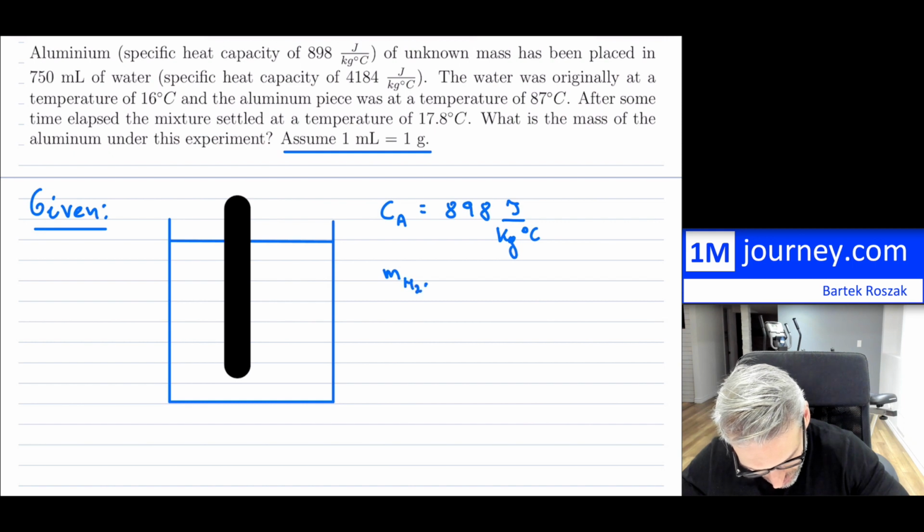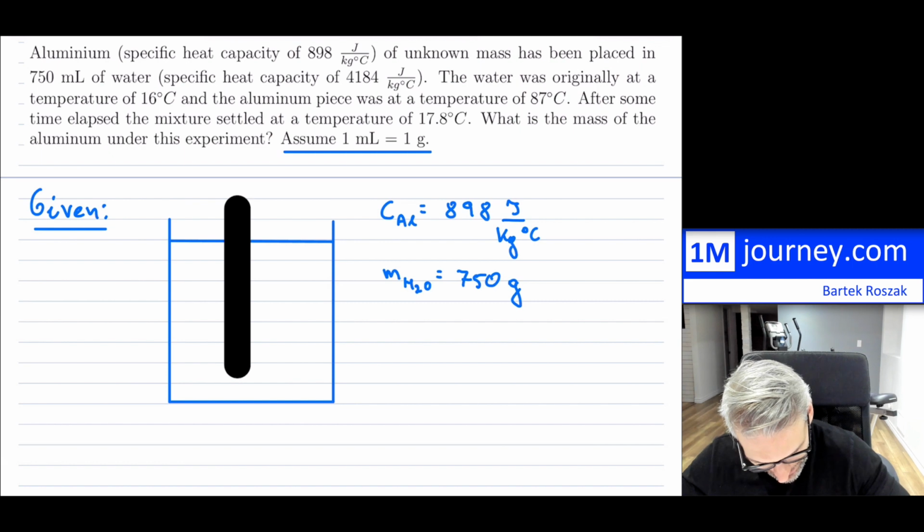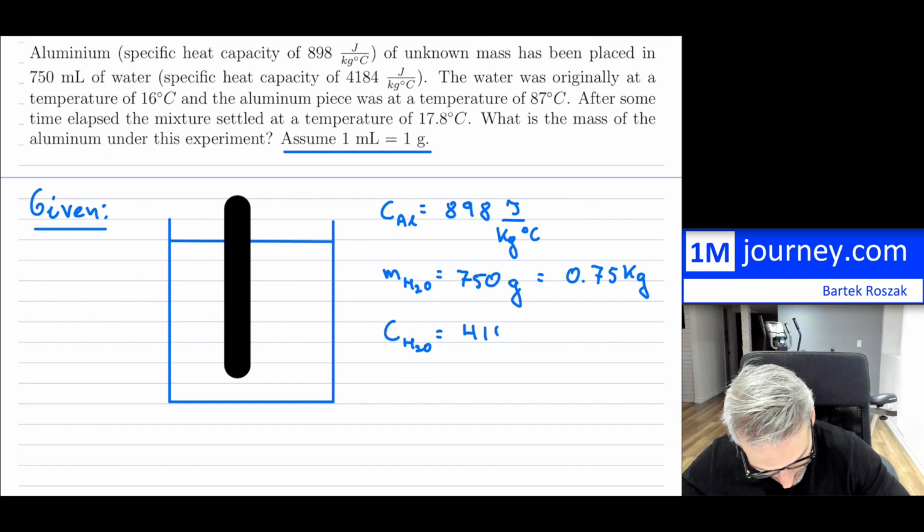I'm going to put H2O, sorry, this was aluminum and this was H2O, and that's 750 grams approximately, which equals 0.75 kilograms, if you wanted to keep it standard. The specific heat capacity of water is 4184, in joules per kilogram degrees Celsius.